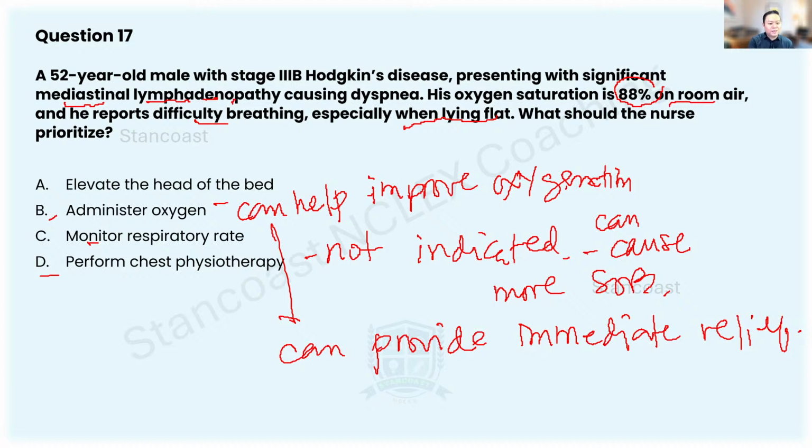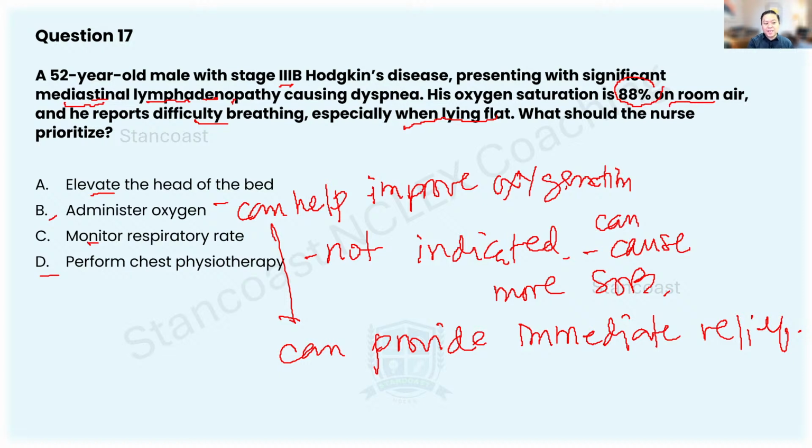What about letter A? Elevate the head of the bed. We know that it will be helpful in the breathing. But in such a case, guys, our patient is stage 3B with a significant mediastinal lymphadenopathy. If I have to choose, I actually would choose both, but I'm torn right now between A and B. Looking into the benefits between the two, what can provide immediate relief to the patient's shortness of breath?